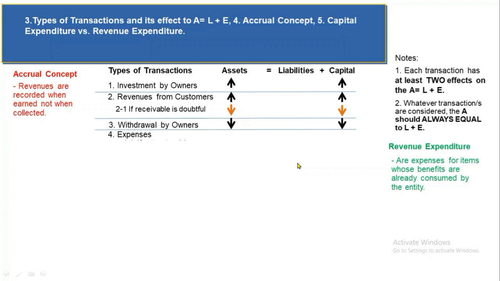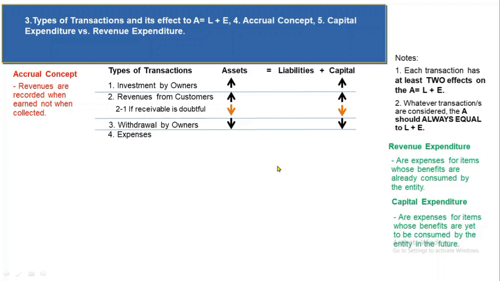So how do we differentiate it from the capital expenditures? Capital expenditures are expenses for items whose benefits are yet to be consumed by the entity in the future. Example is when you pay for, let's say, machinery, where you are still to enjoy its benefits or usage in the future.